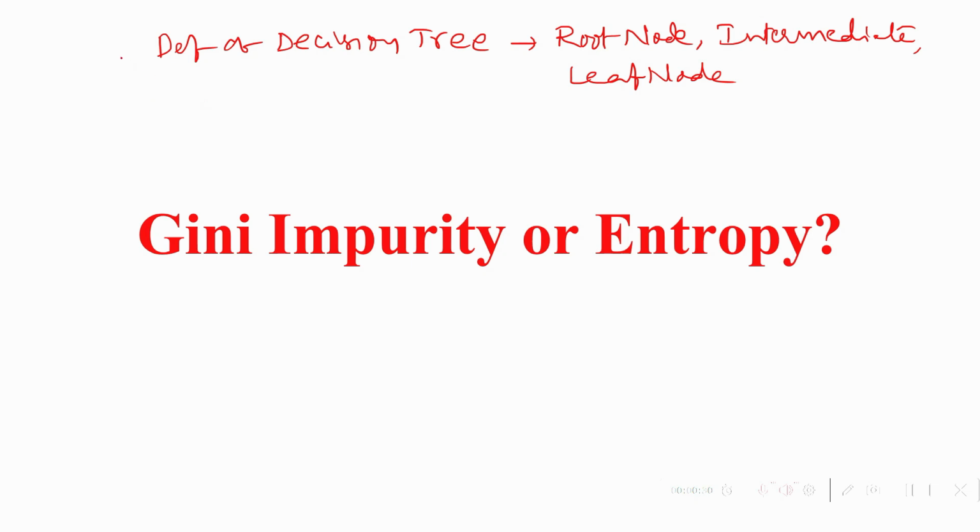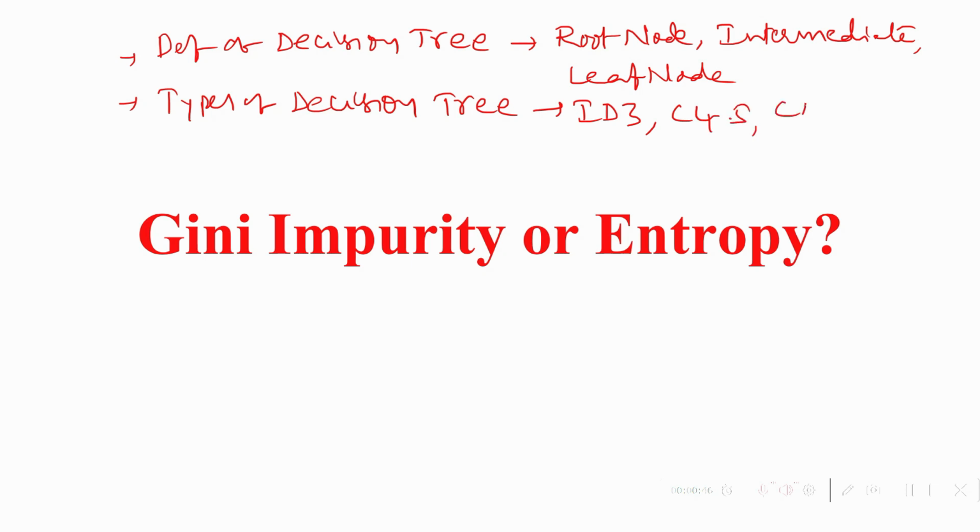And also we discussed some of the types of decision tree algorithms, like the ID3 algorithm, C4.5 algorithm, and CART algorithm. And also we discussed how to train a decision tree, and how to visualize the decision tree.